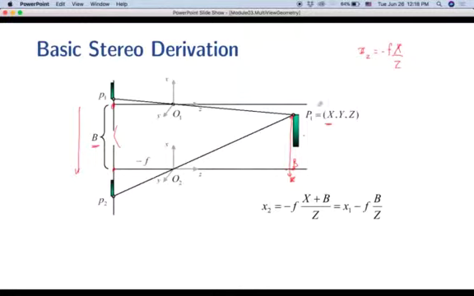Let's say that x was really minus 10. This distance is 10, so x was really minus 10. Now in this camera, if I work in the coordinate system of this camera, this is minus 10. But how much is this distance?